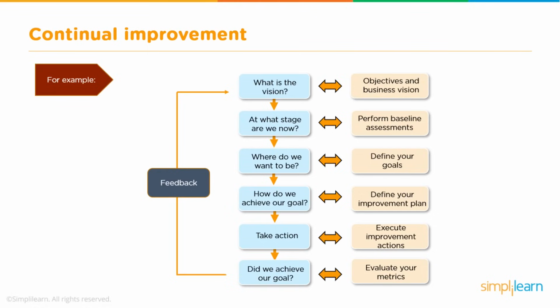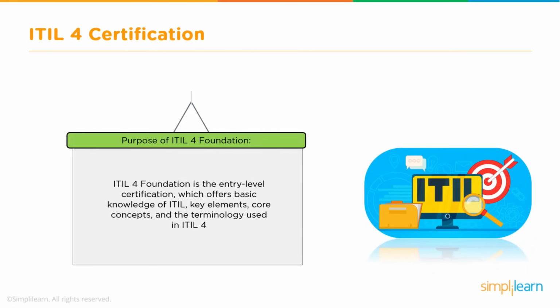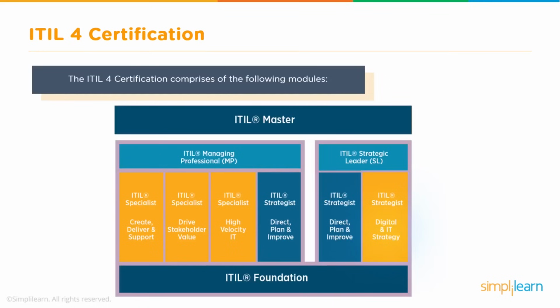Okay, next we will look at the various certification levels defined in ITIL 4. ITIL 4 Foundation Certification is an entry-level certification which offers basic knowledge of ITIL key elements, core concepts and terminologies used in ITIL 4. The various levels of certification in the ITIL 4 certification scheme start with ITIL Foundation as the basic level.